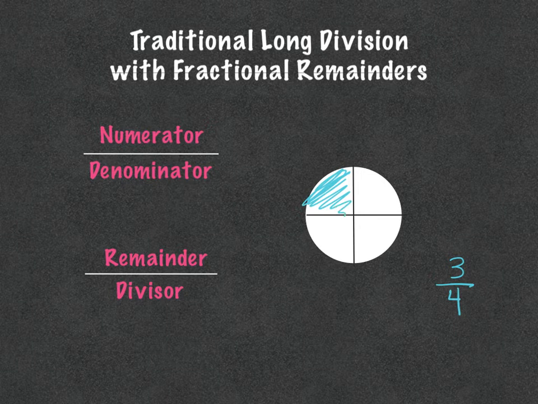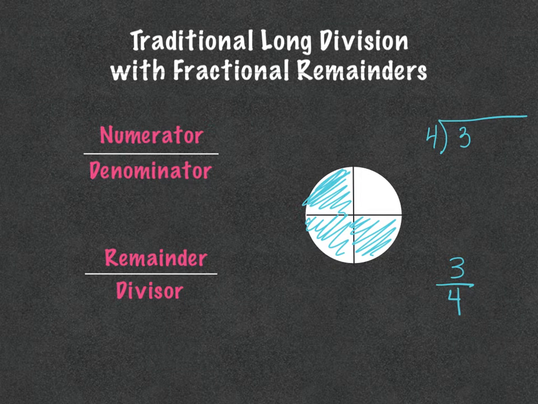Or another way to think about this would be, if I had 4 going into 35, right? 4 times 8 is 32, and I have 3 left over, right? So if I had 35 cookies and I'm trying to split them between 4 friends, each friend would be able to get 8 cookies and I'd have 3 left over, right?